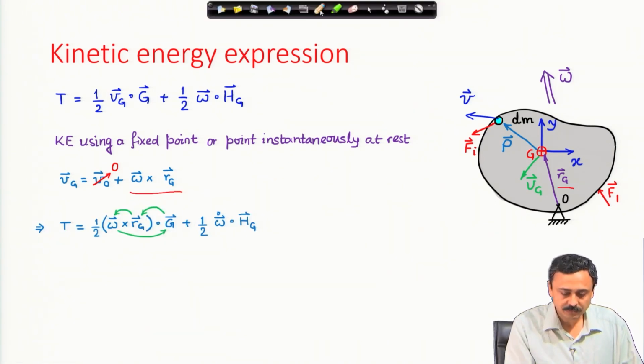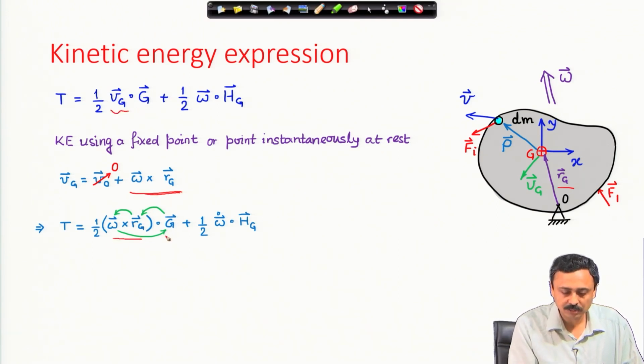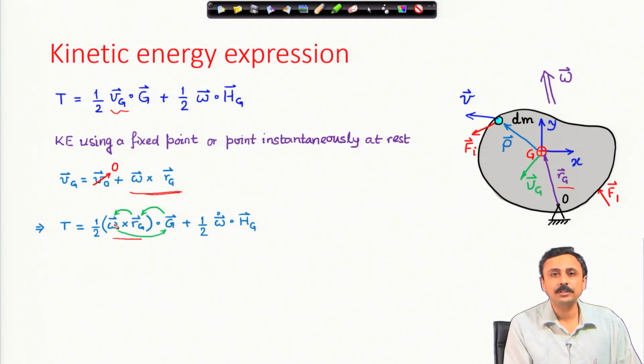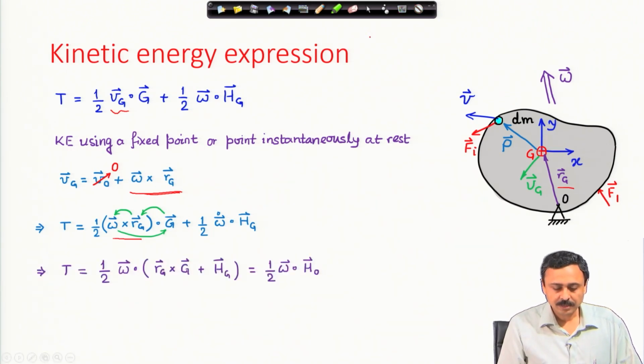Here I once again use Vg as omega cross rg, this term dot mVg. This is a scalar triple product, therefore I can make a cyclic permutation and it remains constant. I do this to pull out omega.